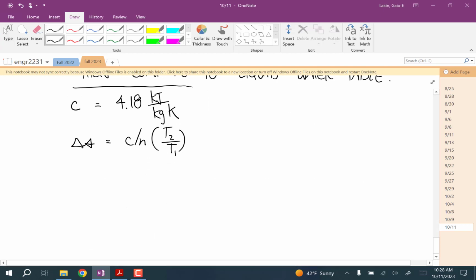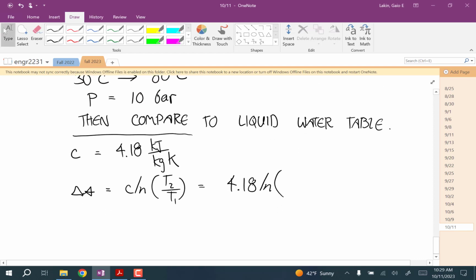So this is 4.18 times the natural log of the ending temperature, which is 80 degrees Celsius.